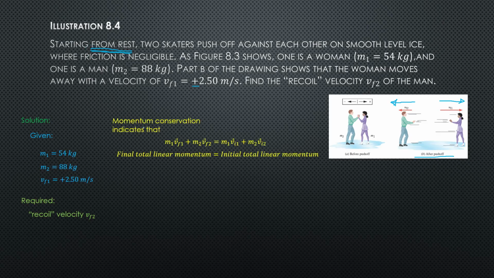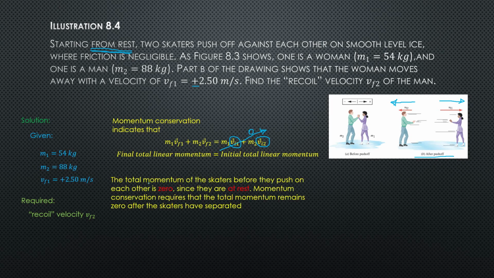So for momentum conservation, from the formula, the total linear momentum final will be equal to the initial total linear momentum. The initial velocity of the woman and the initial velocity of the man are 0, so this value will be 0. The total momentum of these skaters before they push off each other is 0 since they are at rest.